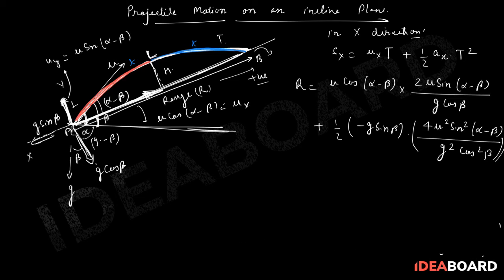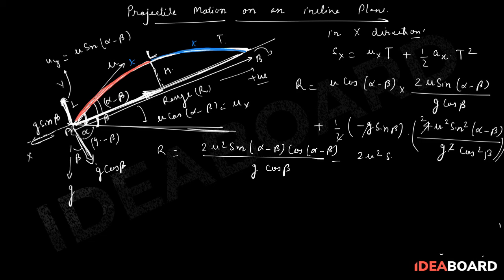So this is going to be r, which is equal to 2u square sin(alpha minus beta) cos(alpha minus beta) by g cos beta minus, so there is one g which is cancelled out, there is a 2, and I can write minus 2u square sin beta into sin square(alpha minus beta) upon g cos square beta. Right, now we can take common.